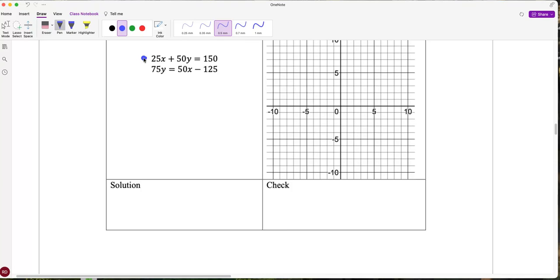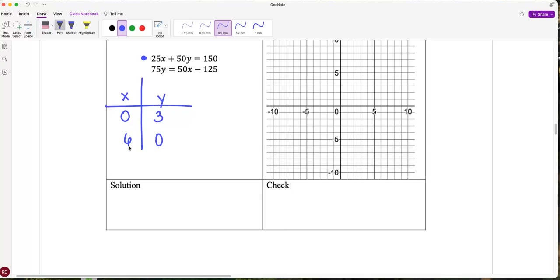So let's look at this line, X and Y. When the X value is 0, then the Y value has to be 3, right? When the Y value is 0, then the X value has to be 6.